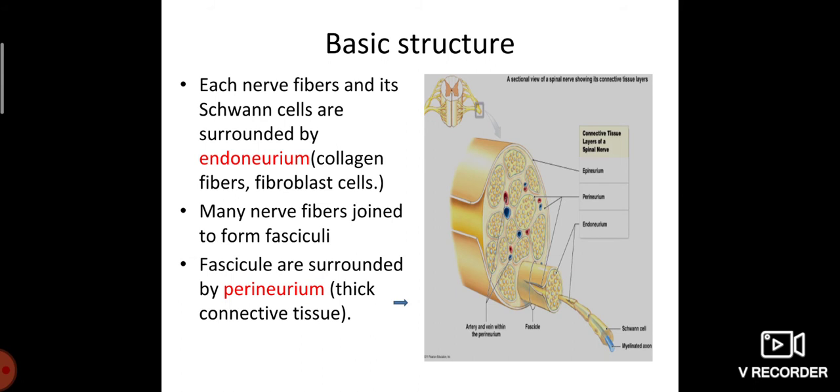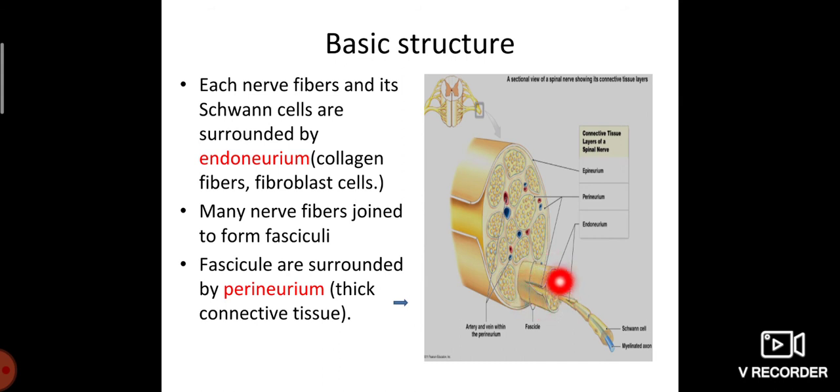So here you can see one single fiber is out from here. That single fiber, which is colored blue, is covered by a yellow covering. That yellow covering is called endoneurium. So in this bundle, several such endoneurium are present. So this bundle is forming a nerve fascicle.